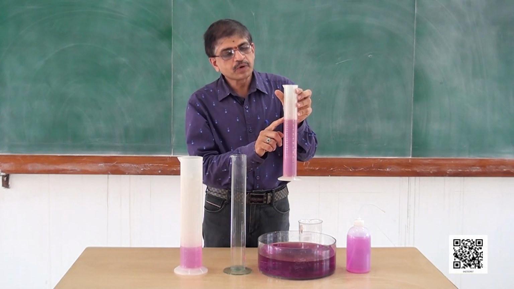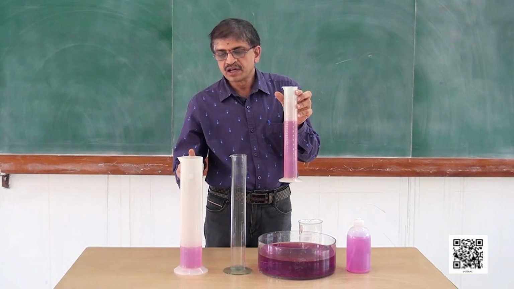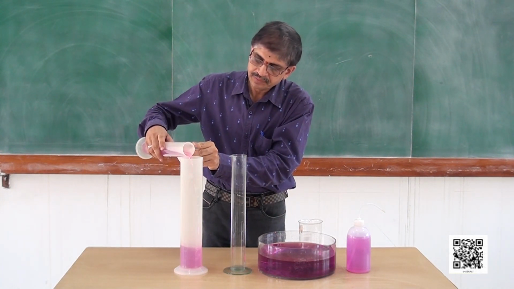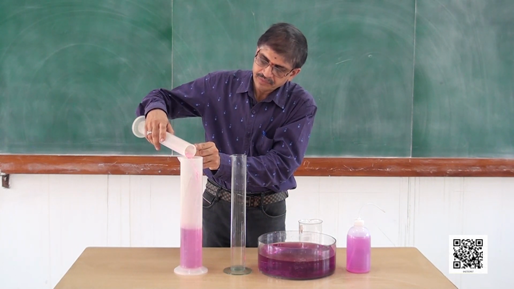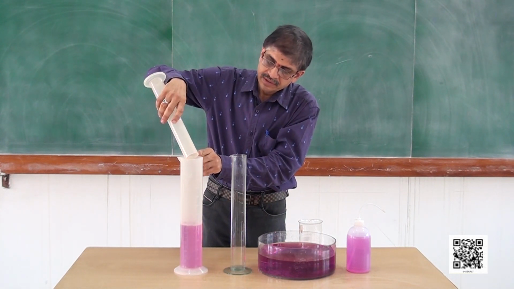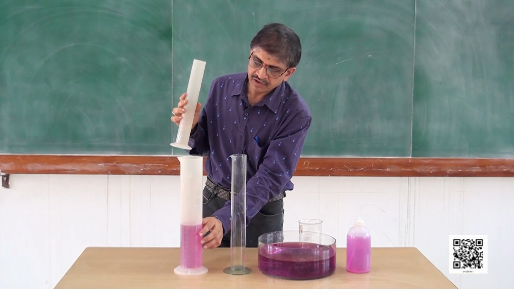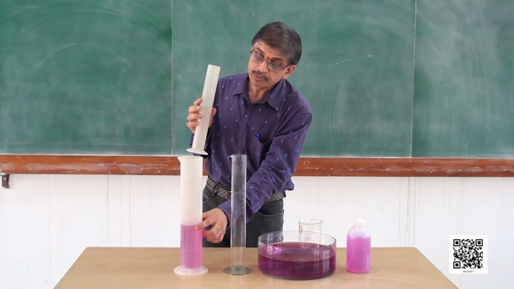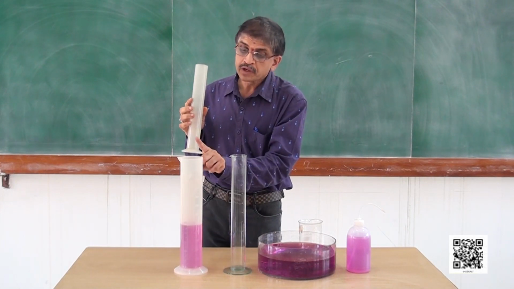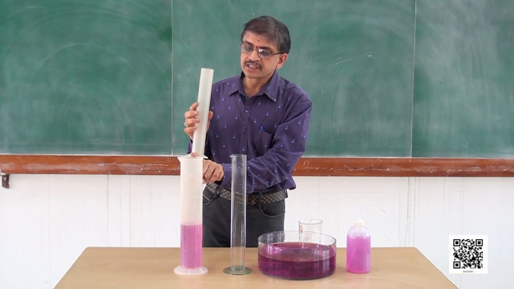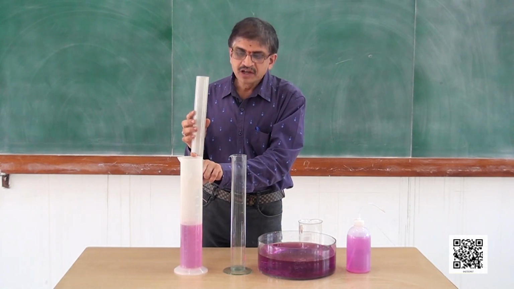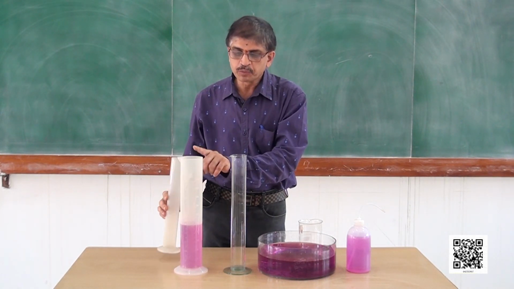We now pour this water into this 1 liter measuring cylinder. Children, observe here carefully, water level reached here up to 500 milliliters. How much more we have to pour in this 1 liter measuring cylinder to reach 1 liter? Good, 500 milliliters more we have to pour.